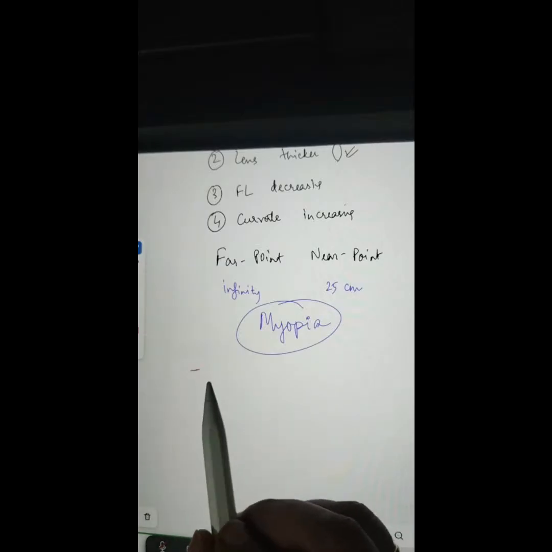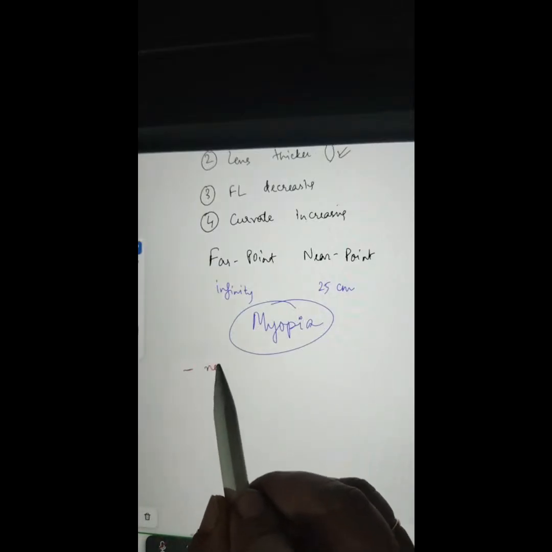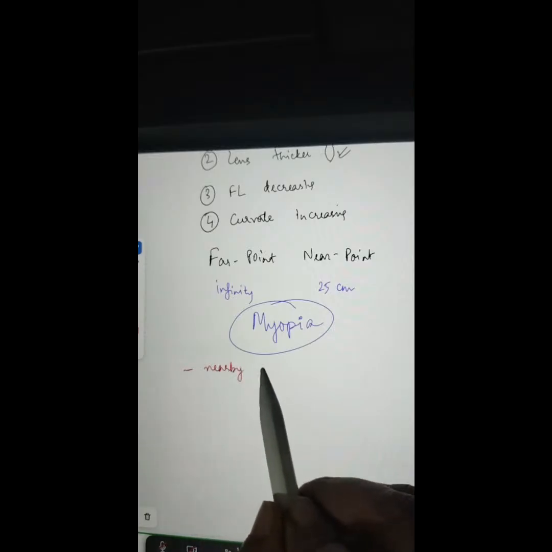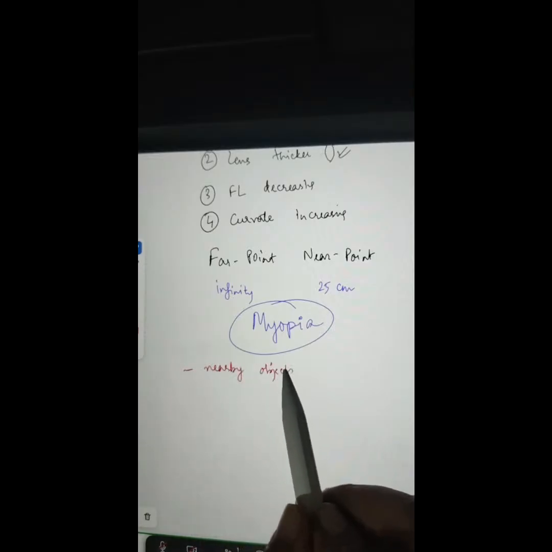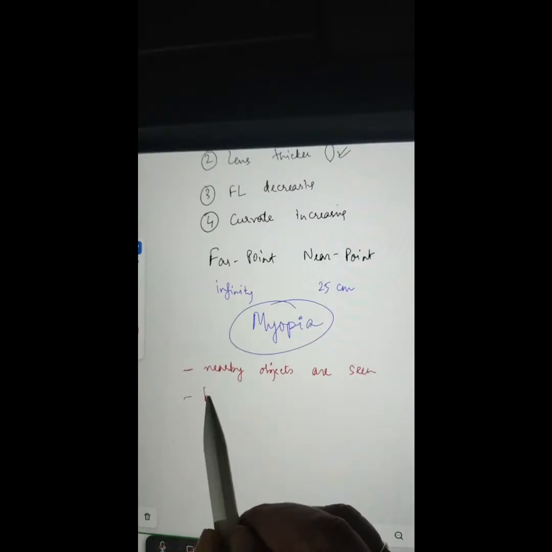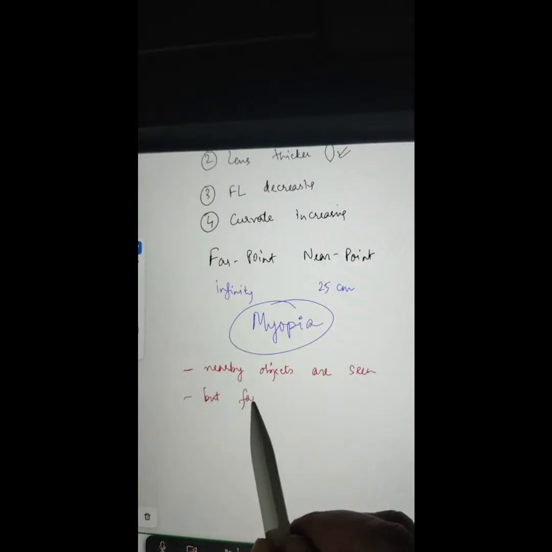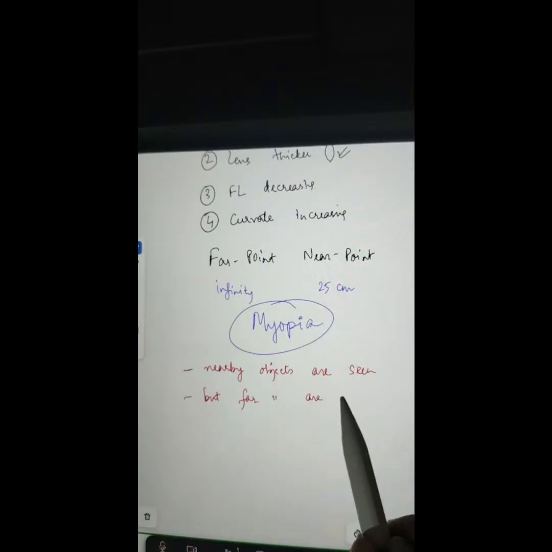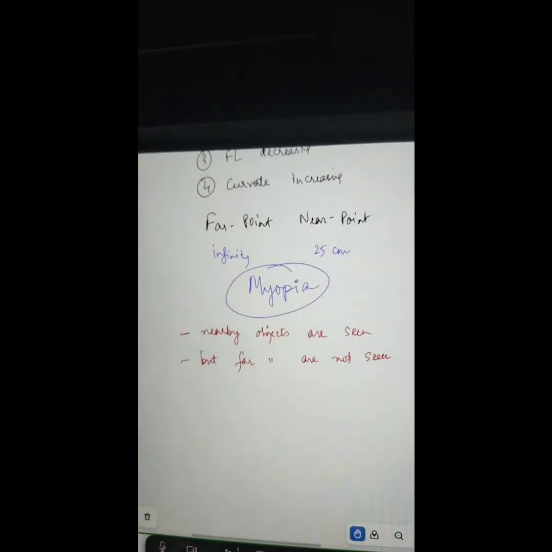Myopia is a disorder in which nearby objects are seen, but far objects are not seen. Very, very important. This type of problem generally happens in students in their childhood or puberty. So nearby objects are seen and the farthest objects are not seen.